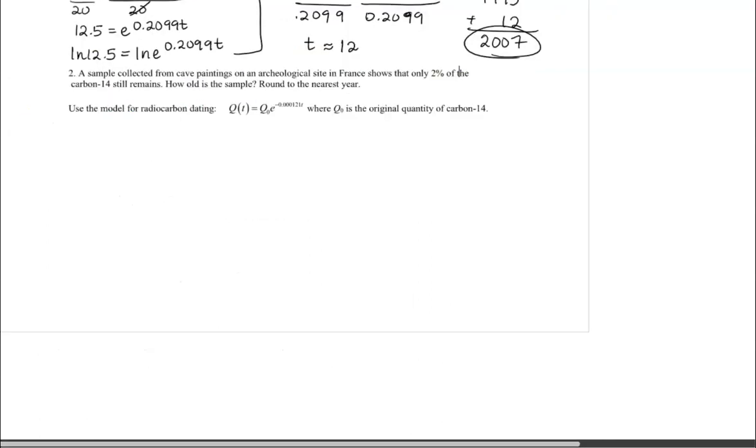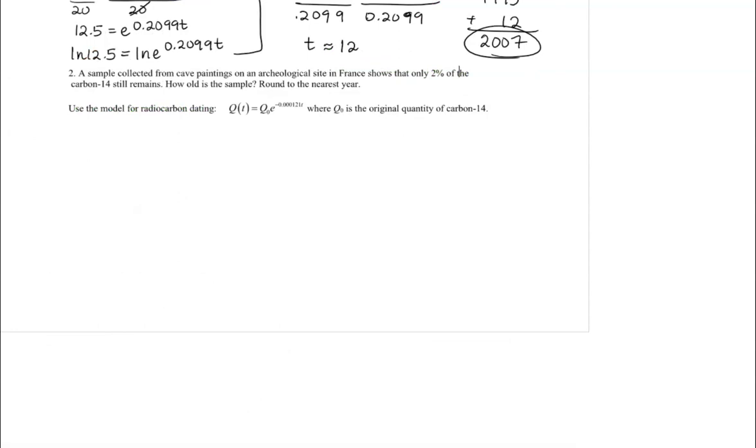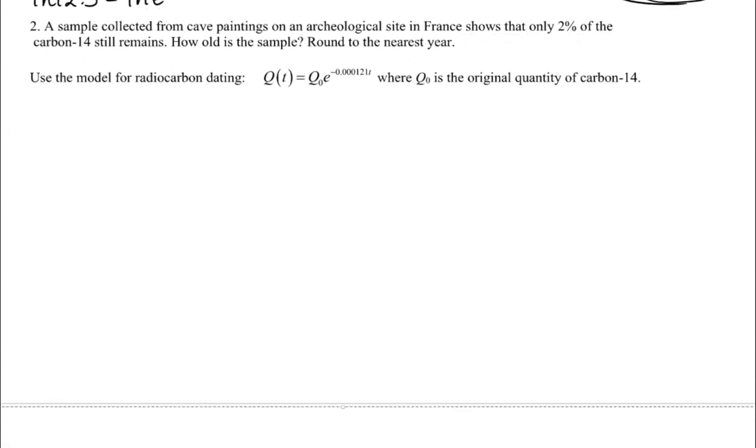In example 2, we have a sample collected from a cave painting. Only 2% of the original sample is still remaining. We're asked to determine how old the sample is, so we want to find time. We are not told what the initial amount of the carbon-14 sample is. Let's say that we had 100 grams of carbon-14 initially.